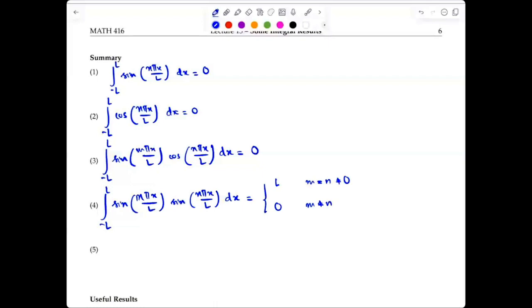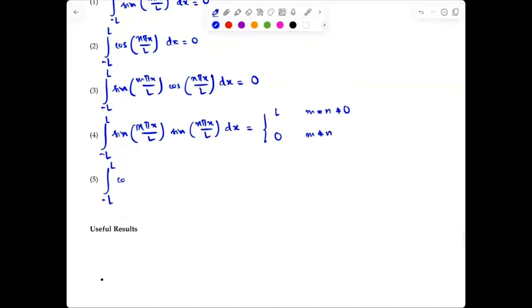And there is one more integral, but I'm going to leave that for you for the homework. We have the integral from negative L to L of cosine of m pi x over L times cosine of n pi x over L dx.